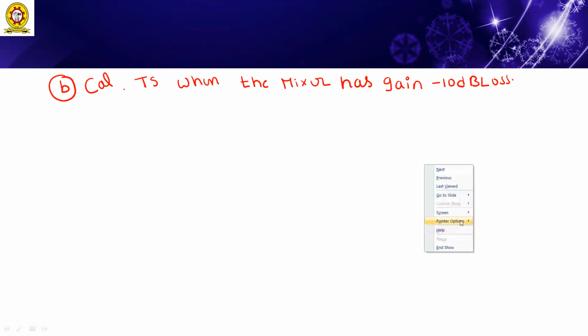So calculate the same system noise temperature when the mixer has a gain of minus 10 dB, that is, a loss. How do we solve this case?